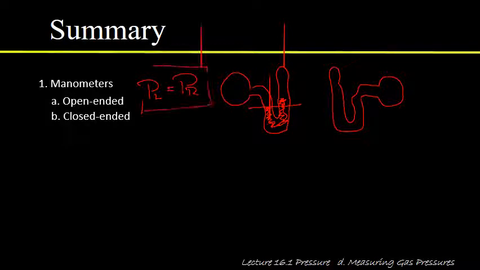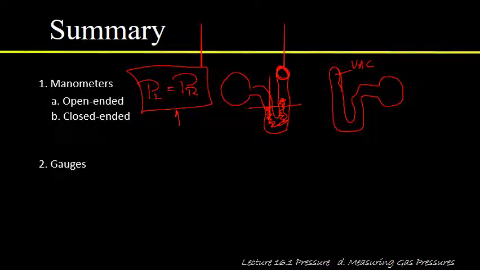If you can do that and you remember the difference between an open-ended and closed-ended manometer, right? Remember that an open-ended is open to the atmosphere, a closed-ended is sealed at the top, so that you have a vacuum. If you remember those two things and you can reason your way through that, you don't have to learn any new equations for using manometers, right?